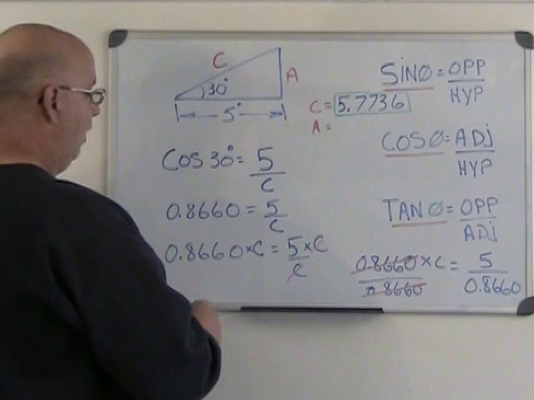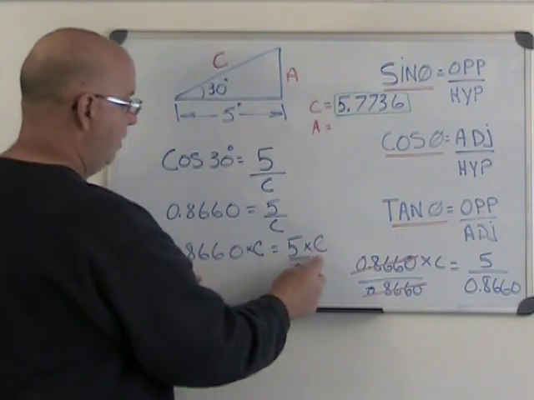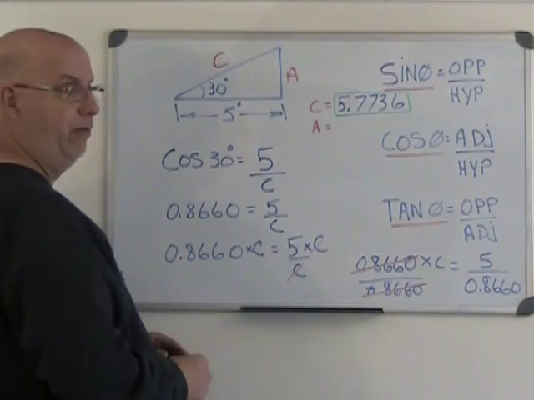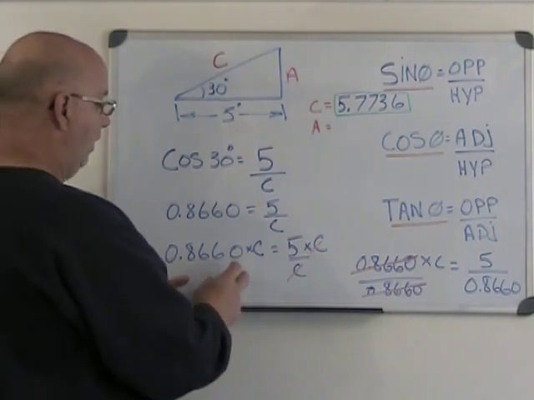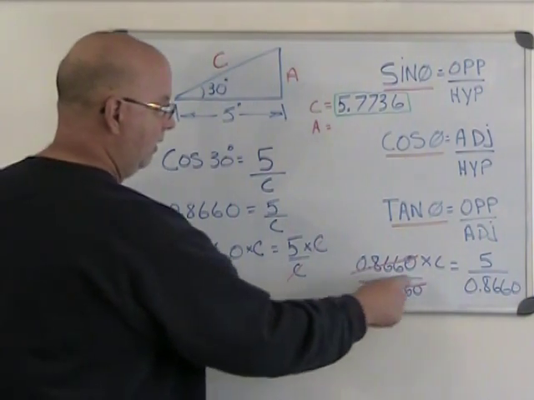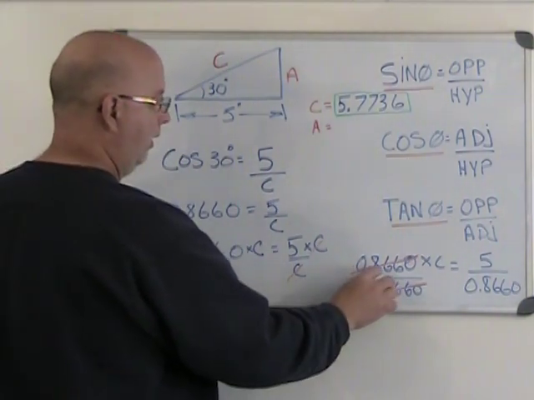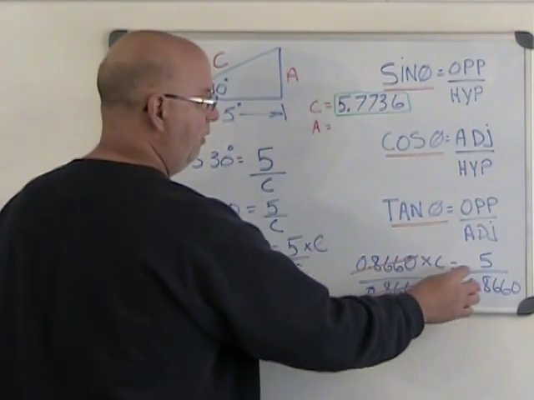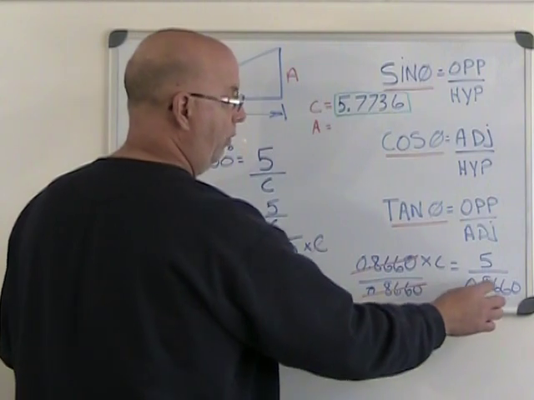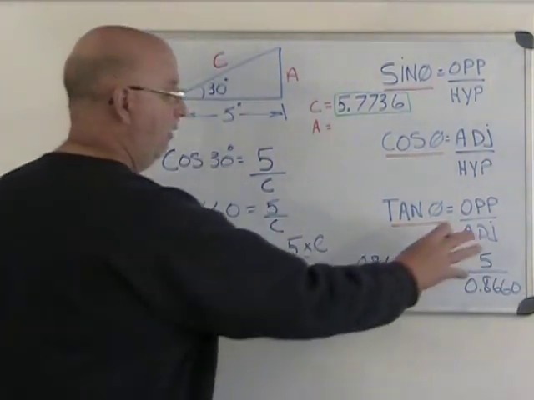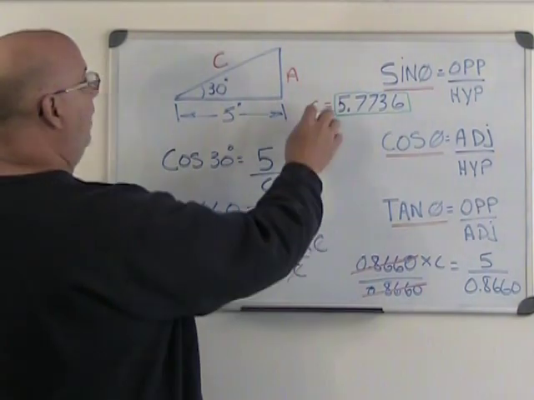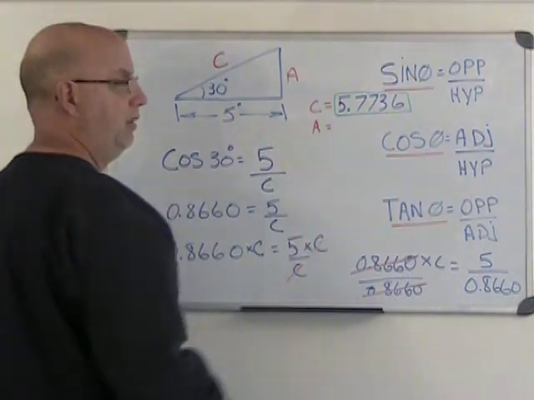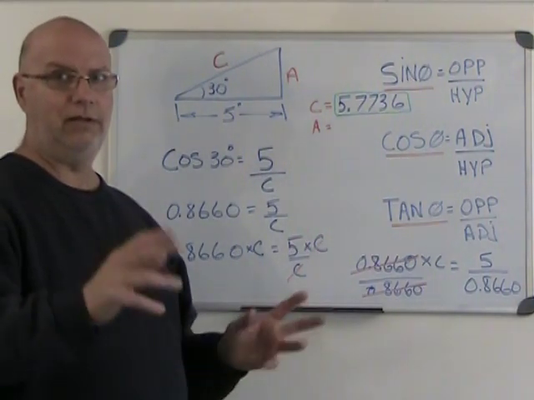So to do that, I'm going to multiply both sides by c and then simplify the equation by getting rid of those two c's. And then I can divide both sides, as I'm doing here, by 0.8660 and simplify to end up with c equals 5 divided by 0.8660. If I calculate that, I end up with a hypotenuse of 5.7736 inches in length. That's all there is to it.